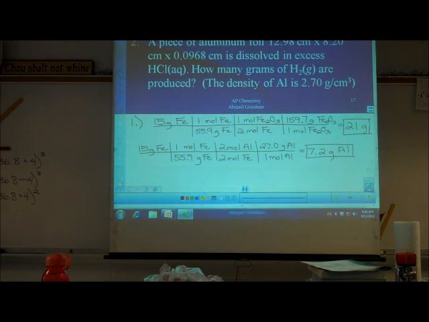Well, aluminum foil plus hydrochloric acid, and the problem is telling us one of the products, and you can figure out that other product.